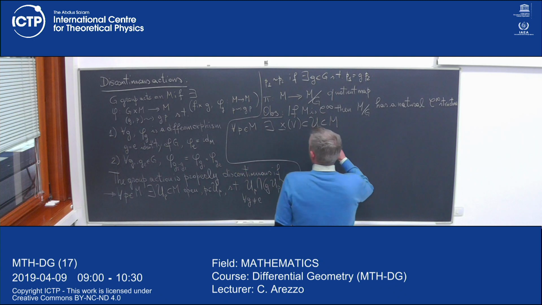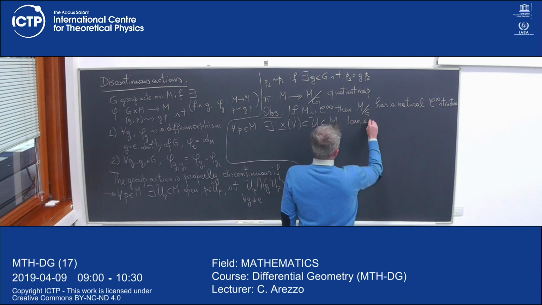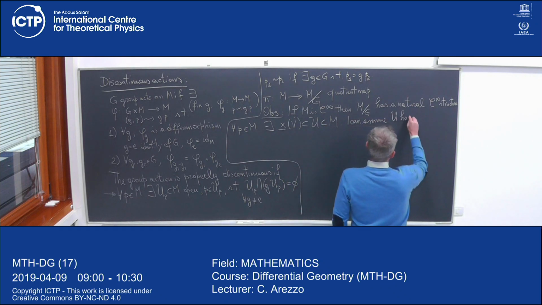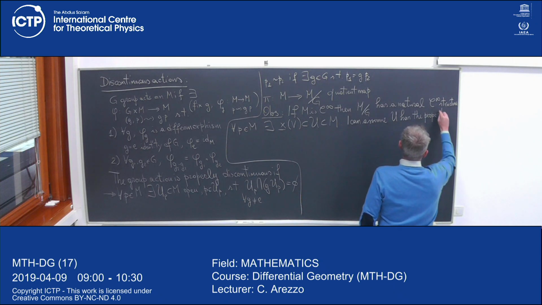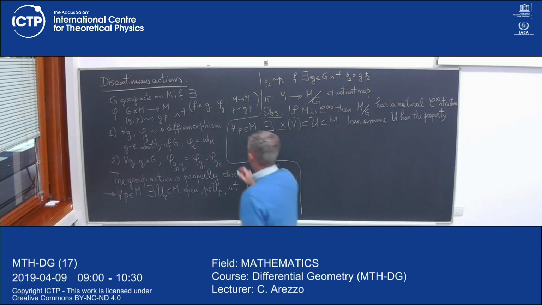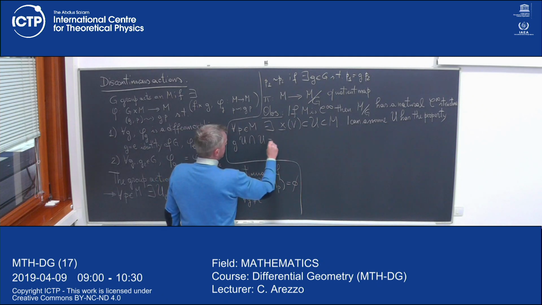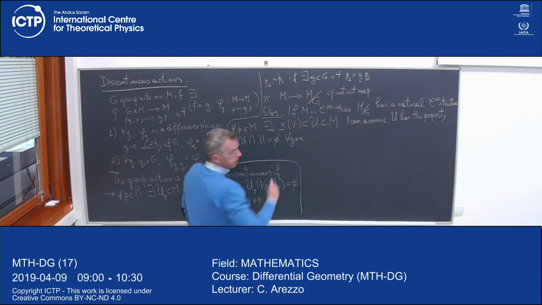So I can assume U has the property that GU intersect U is empty for any G different from the identity.